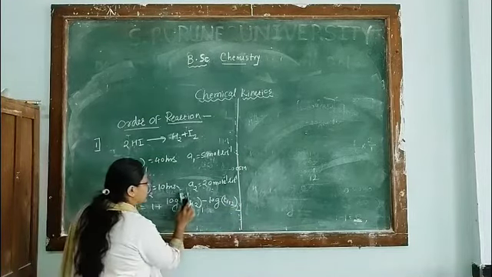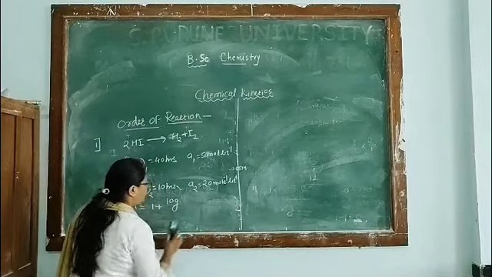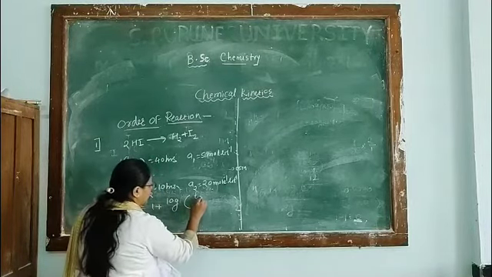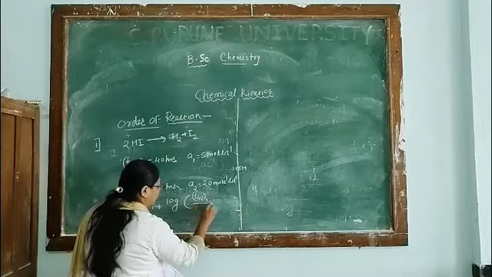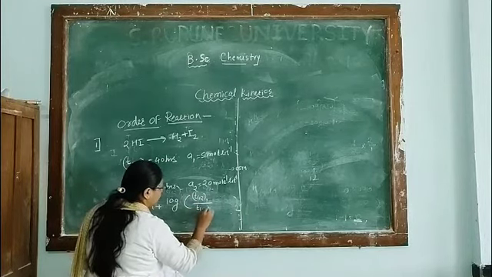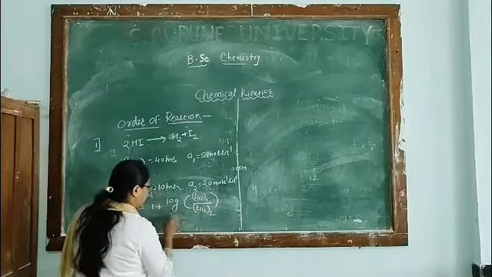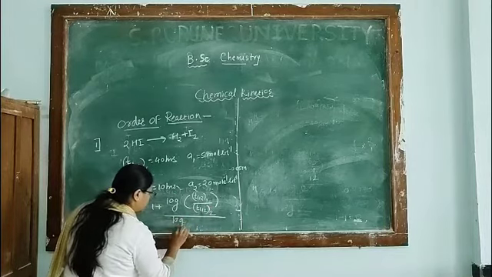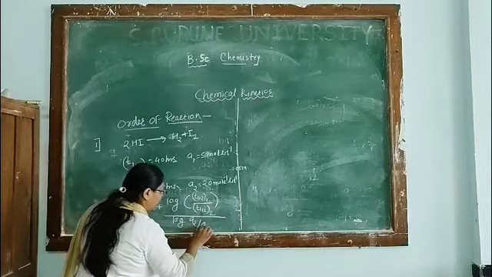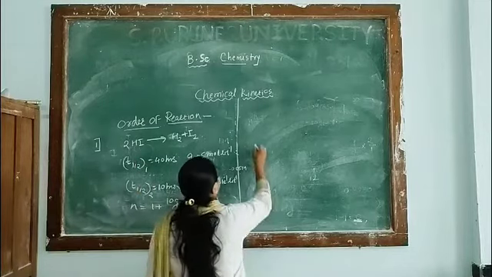We can write this as log of t half 1 divided by t half 2, divided by log of a2 by a1. So let's substitute the values.